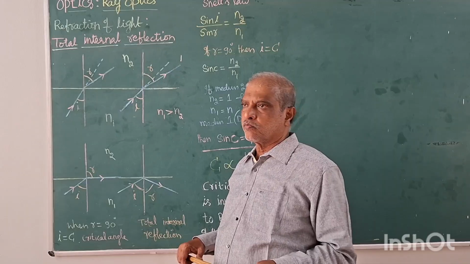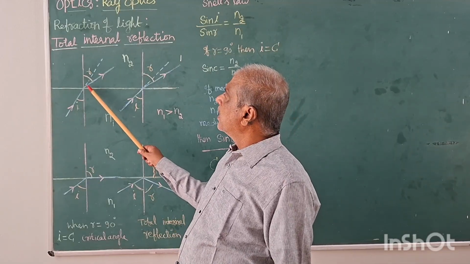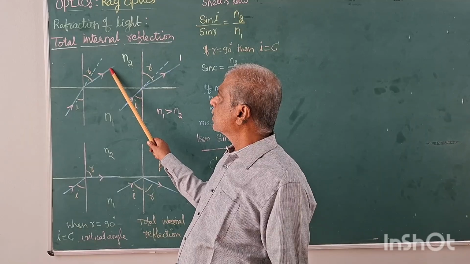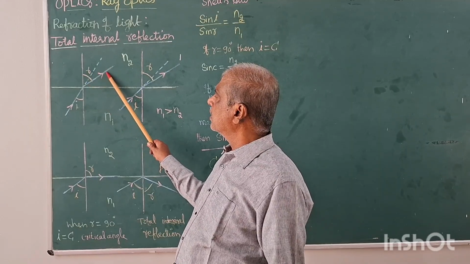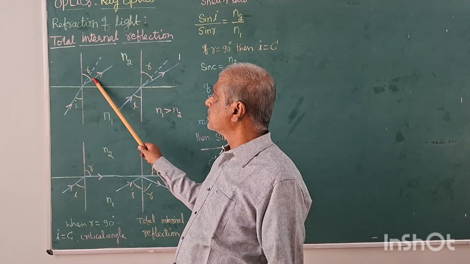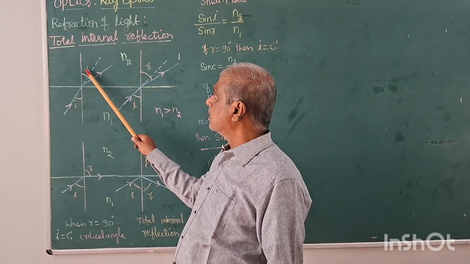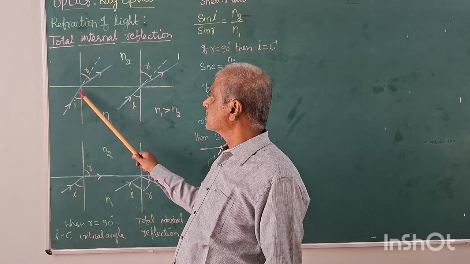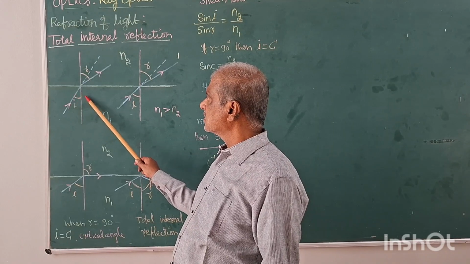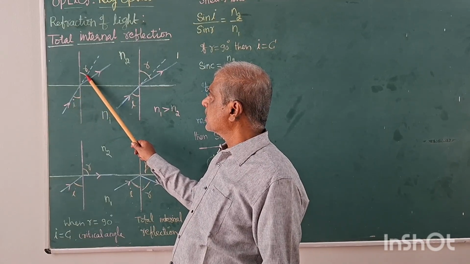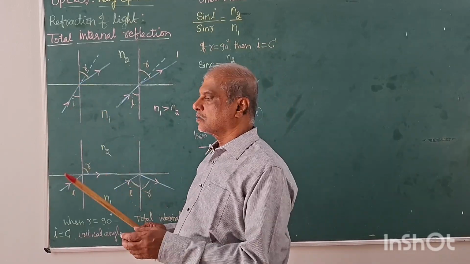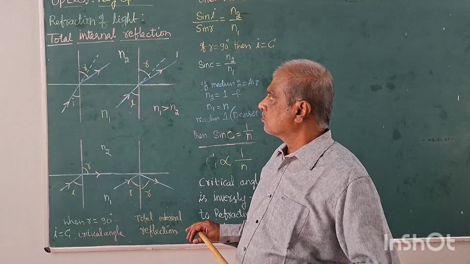While doing so, this is called an incident ray, this is a refracted ray. The refracted ray deviates away from the normal. This is angular deviation. Overall, this is the angle of refraction, this is the angle of incidence. The angle of incidence is in the denser medium, the angle of refraction in the rarer medium. This is the usual phenomenon.